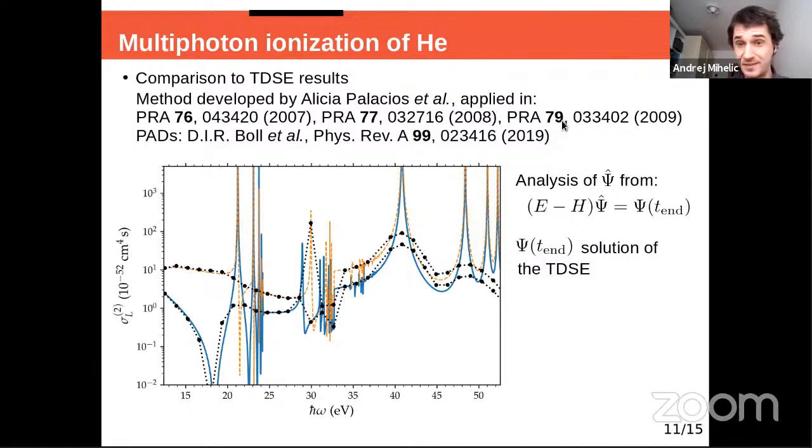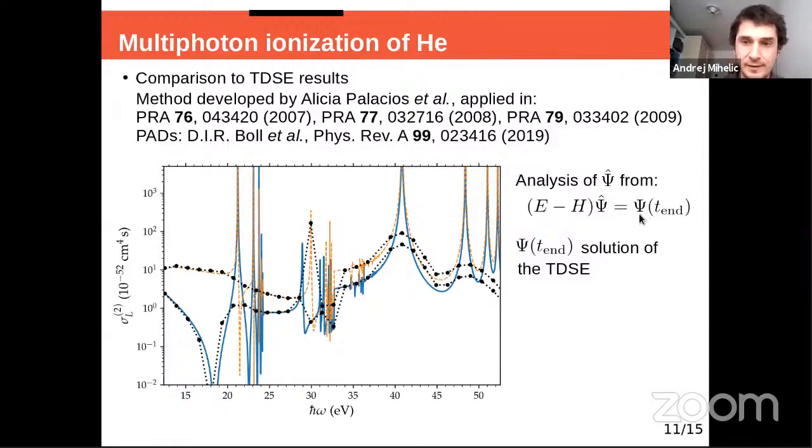The method itself looks actually very similar to what we have used. So you have to calculate the inverse of a driven time-independent Schrödinger equation, but with the driving term, which is replaced by the wave function at the end of the pulse.